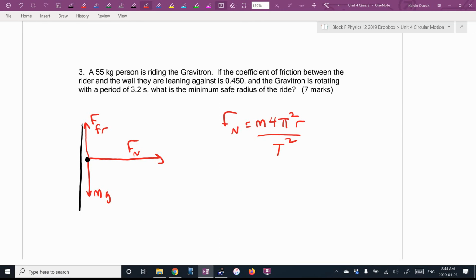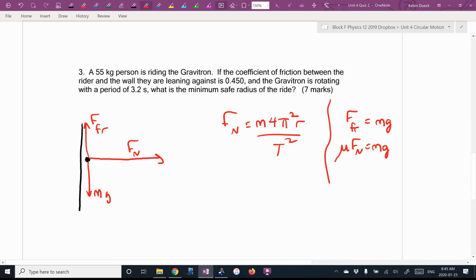And I can't just say, oh, mg. The normal force is not mg. They're not even in the same direction. But there's another equation kind of hiding here. The second equation is that mu times the normal force equals mg.